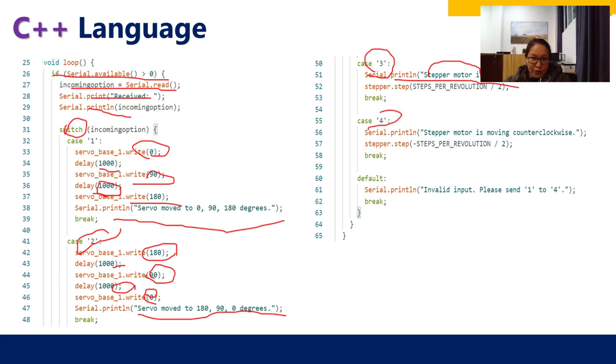Then command 4 moves the stepper motor counterclockwise by half a revolution, and prints a message to the serial monitor indicating the stepper motor's movement.